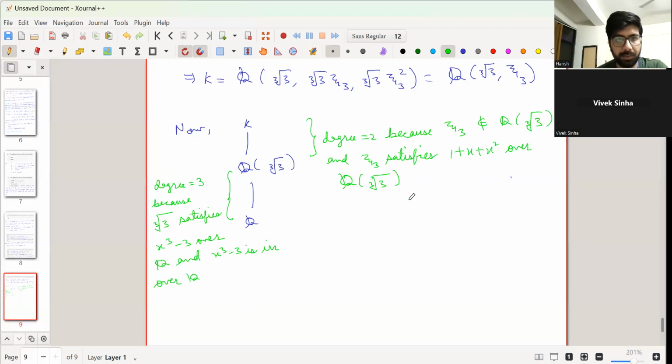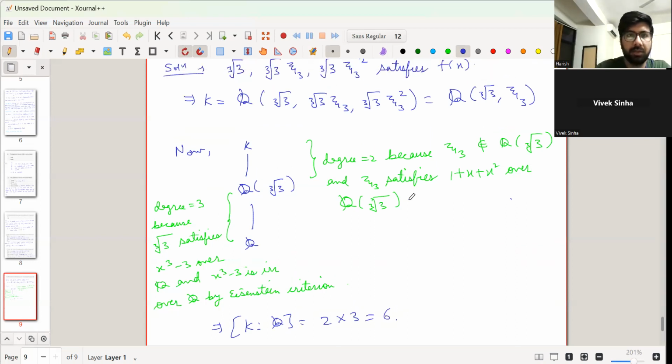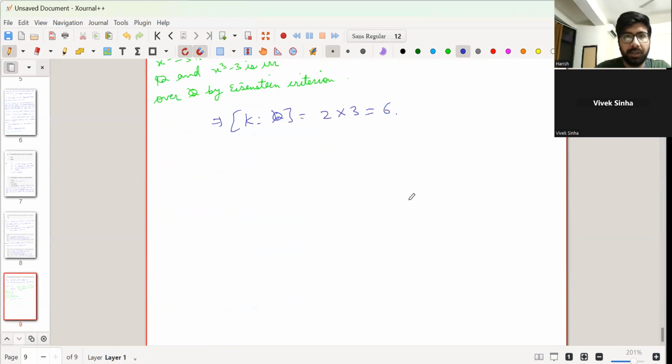Yes, over Q by Eisenstein criterion. Okay, so this implies K over Q has degree 2 times 3, that is 6. That is question number 11. Let's see question number 12.